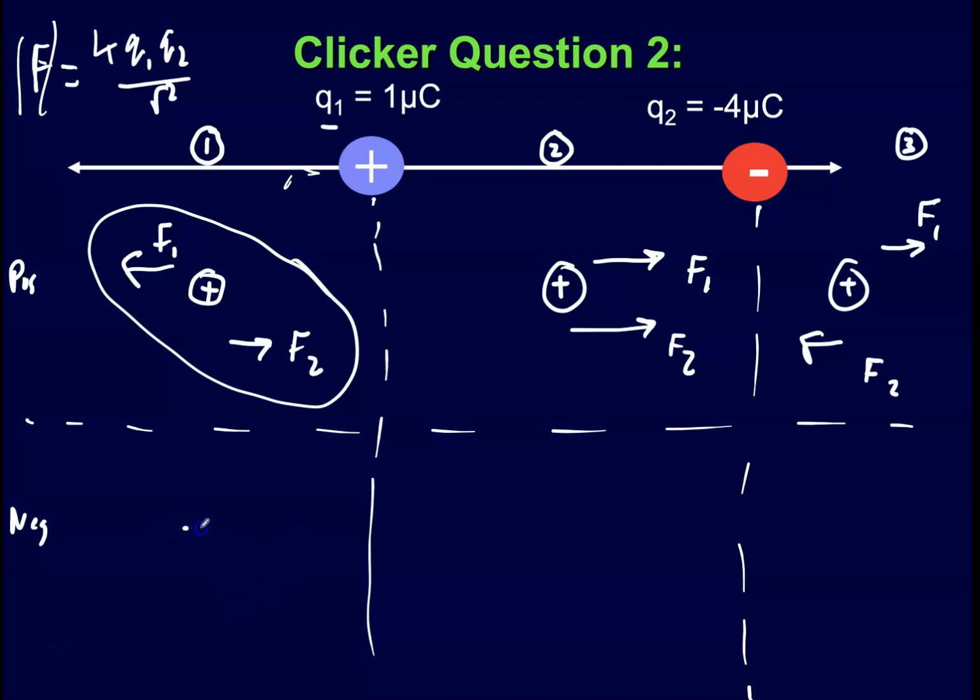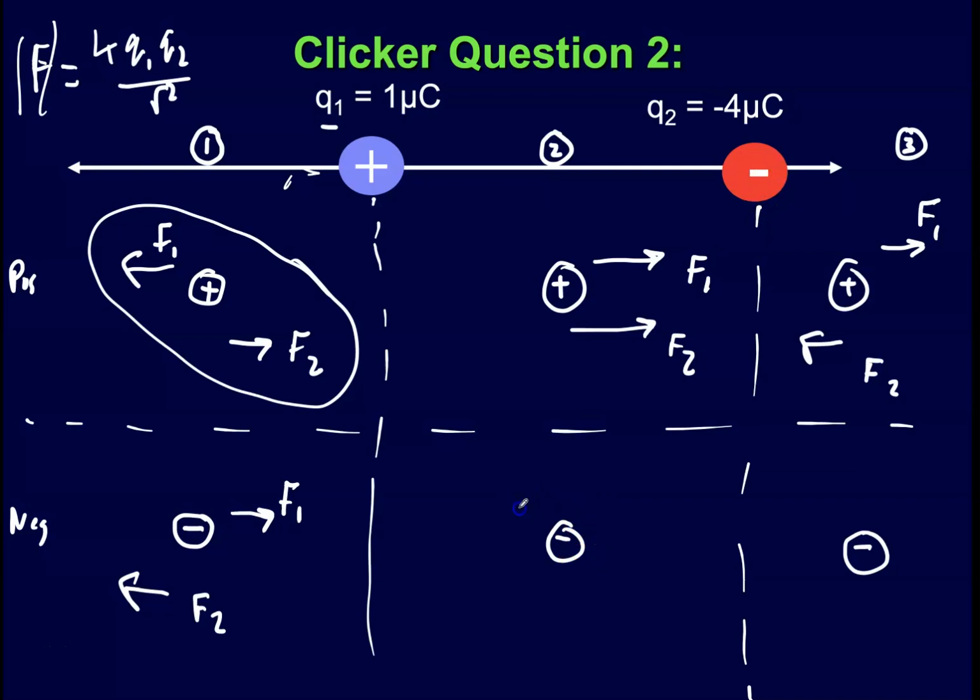Now, if we do the same thing for the negative, you'll find that it works out all the same, because everything's kind of switched. If it's a negative charge, and we're putting the charge here where this 1 would be, then F1 would push this way and F2 would push this way. So it just switches. It'd be attracted to charge 1 and repelled from charge 2.